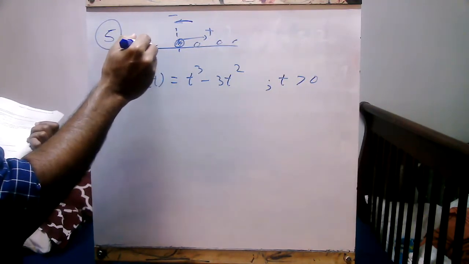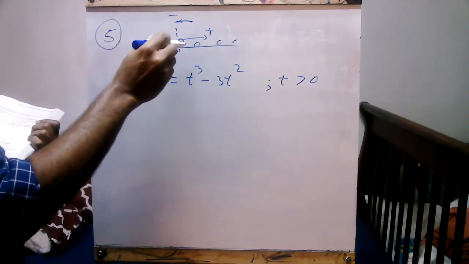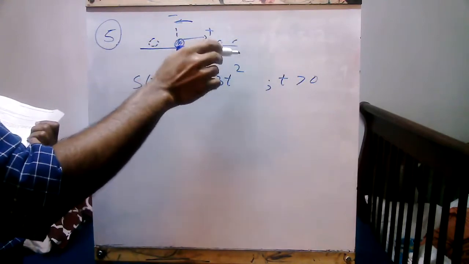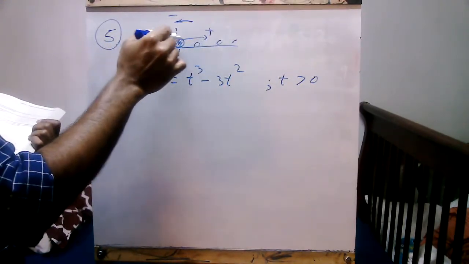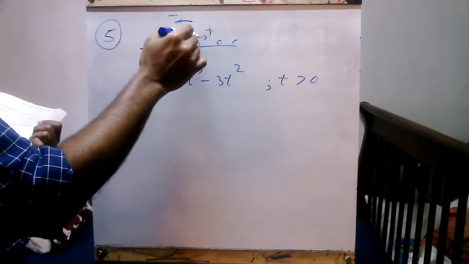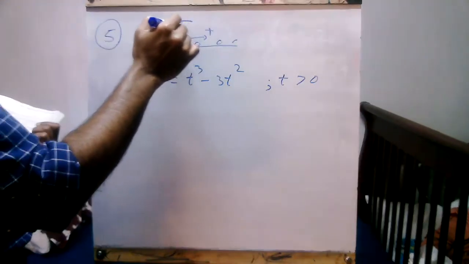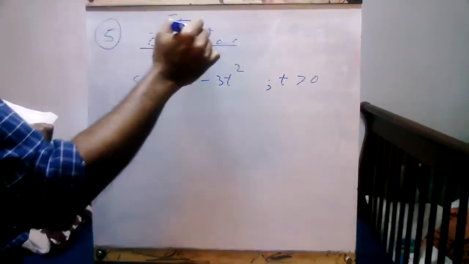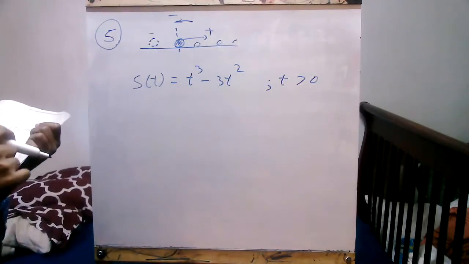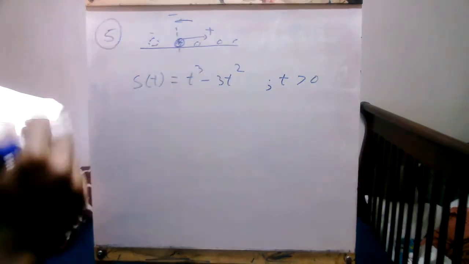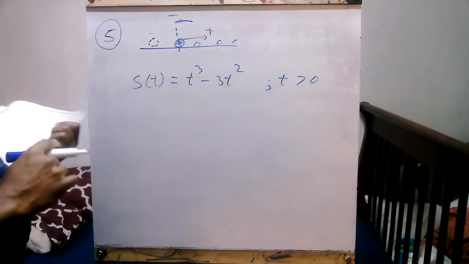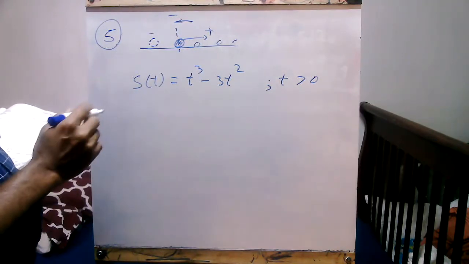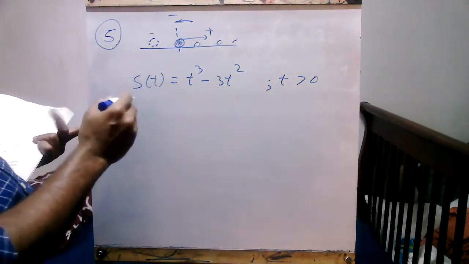So it could be somewhere here when t is greater than 0, right? Not t less than 0. It's not moving always this direction. It could move this direction. It could go back and come back depending on its equation, right? To find that, let's find the velocity function here.